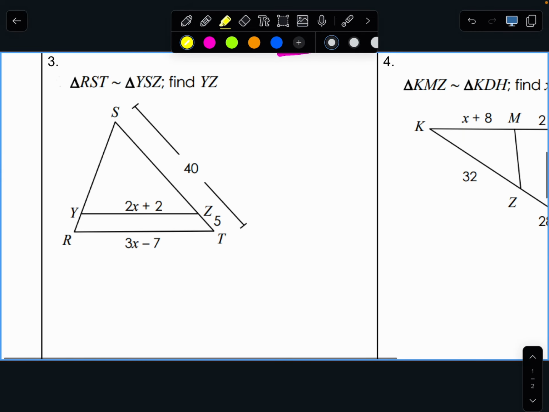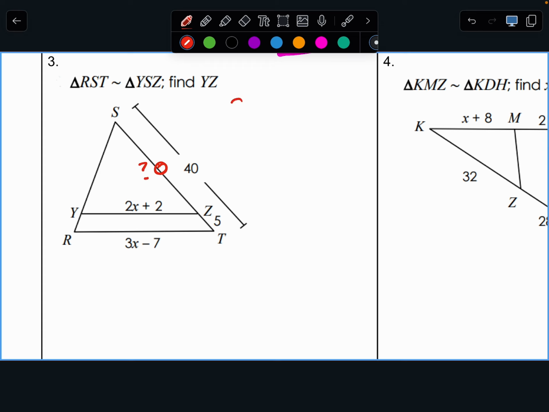Okay, let's look at number 3. So RST, that's the one on the outside, and YSZ, that's the one on the inside. So it's not hard to figure out which parts match. What is difficult is, what is this piece?